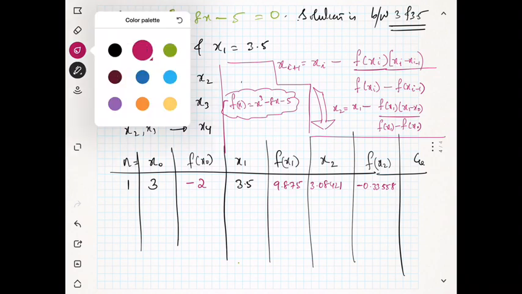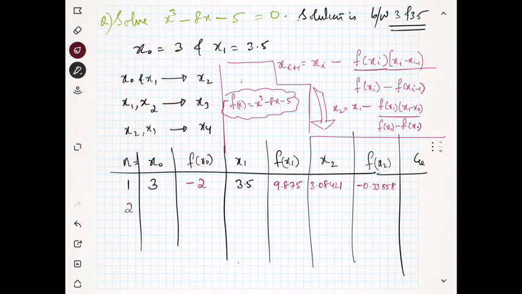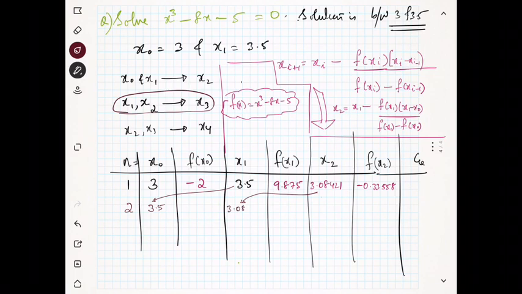Okay, next, in the next iteration, what we are going to do? So the second iteration, we got our x1. Now we will replace our x1 with our new value. Now we will use x1 and x2 to find x3. So this we will put it here, 3.5, and this value we will put it here in the place of x1, that means 3.08421, right?